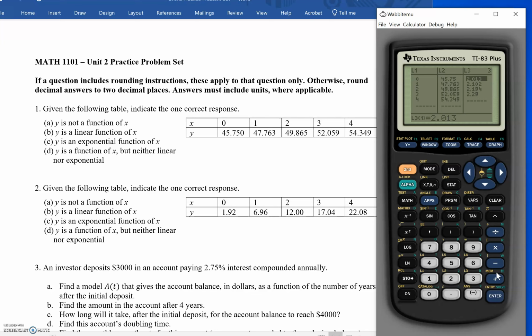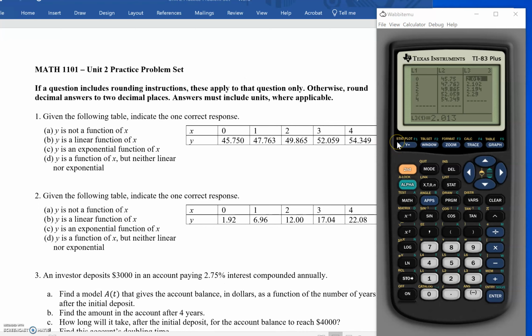So that tells us that it's not linear. We can also see that all the average rates of change are positive and increasing. So this does seem to be an exponential function, but let's make sure.